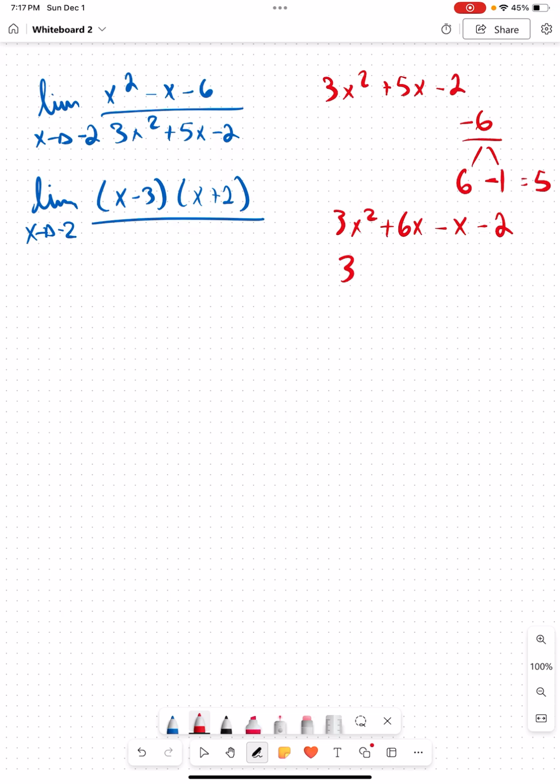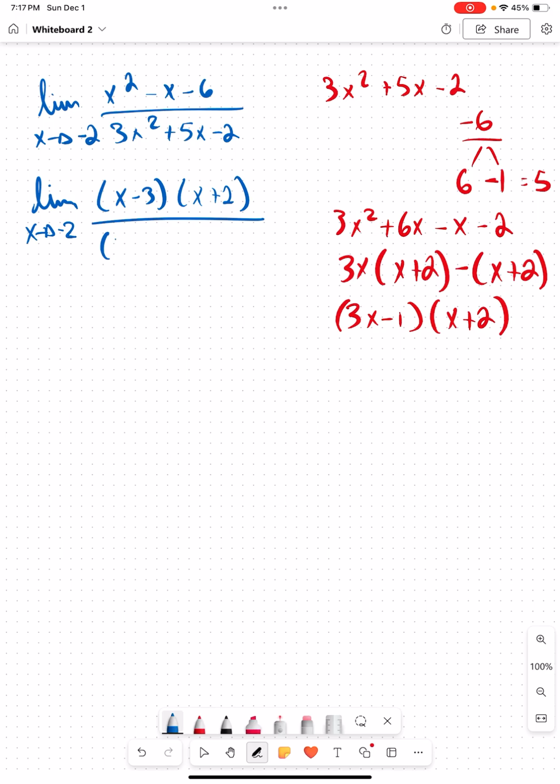So I factor out the 3x, and I'm going to be left with x plus 2. I factor out a negative 1, I'm going to be left with x plus 2. Now I group them together, hence the grouping factor, and I get 3x minus 1, and then I just have to rewrite x plus 2 once. And that is the factored form that I'm going to have in the denominator: (3x - 1)(x + 2).